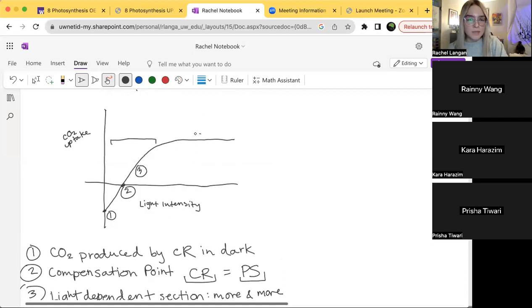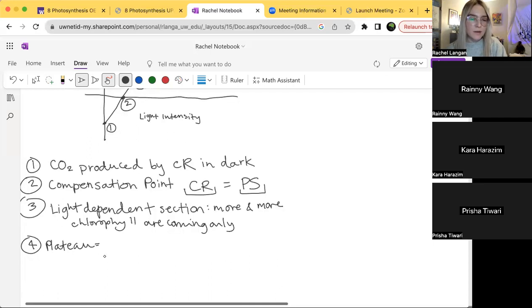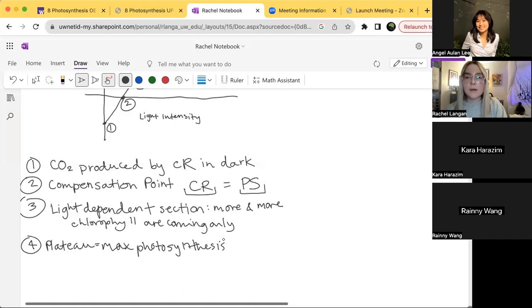And then the last point would be where it plateaus. The plateau represents the maximum amount of photosynthesis, and you should think of that region as being things to do with the Calvin cycle.